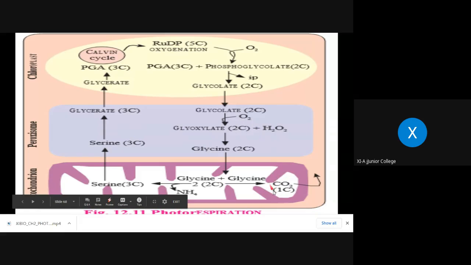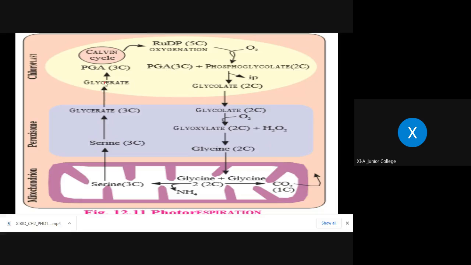Now serine from the mitochondrial matrix enters the peroxisomes, and there it gets converted into glycerate, and then glycerate is transported into the chloroplast, forming PGA.